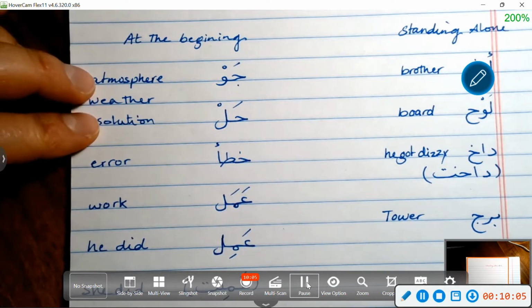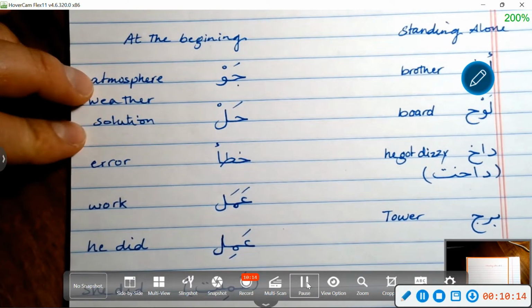If I want to also use حرف الغين, I can say غابة. غابة, which means jungle.